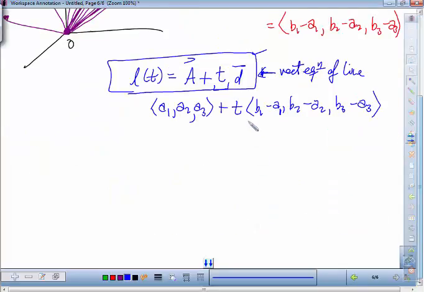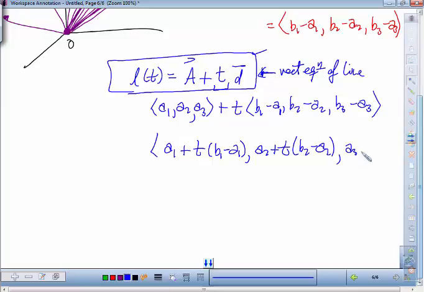So anyways, if I carry out the vector operations here, I have A plus T times something, or A1 plus T times something, A2 plus T times something, and A3 plus T times something else.